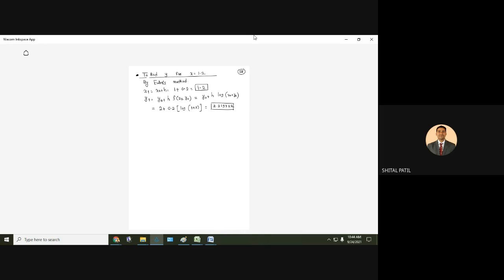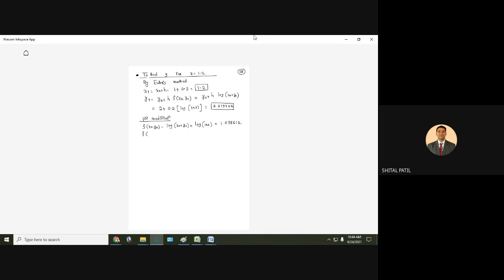Now write down the first modification. For that, what is required? f of x naught, y naught is required. That is log of x naught plus y naught, that is log of 1 plus 2, log of 3, 1.098612.